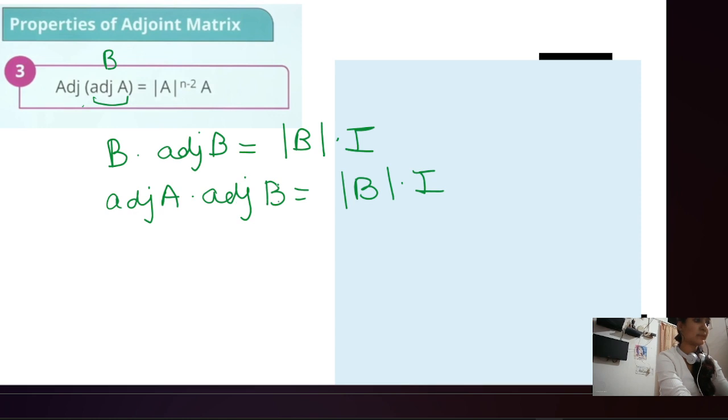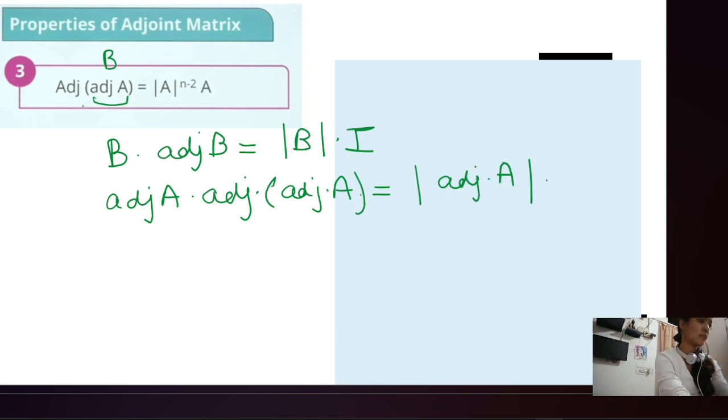Okay. So from here, now what can we do? Yeah, replace this B also. I forgot to replace this B. Write in place of B as adjoint of A. So adjoint of A times adjoint of adjoint of A is equal to determinant of adjoint of A times I. Okay, simple.